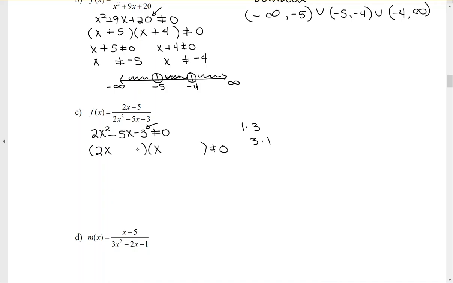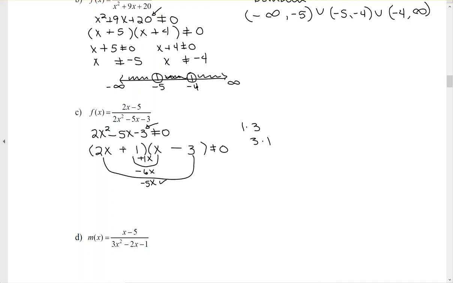So if I plug in a 1 here and a 3 here, I'm going to put the numbers positive 1, negative 3. I need to check to make sure that my middle term is going to add up to negative 5x. So I have a positive 1x and a negative 6x add up to the negative 5x that I need. If I'd have flipped those numbers around, it wouldn't have come up to that middle number.